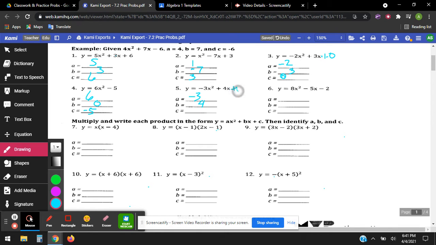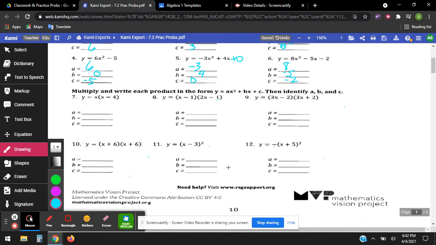Again, if there isn't anything on the end, it's like a plus 0, so there's 0 c's. Over here, I have 8 x squareds. I have negative 5 x's. Keep that sign with the number. And I have negative 2 as my c.